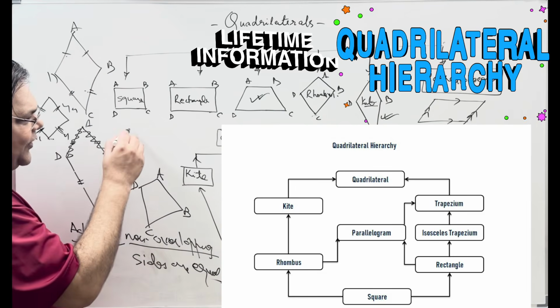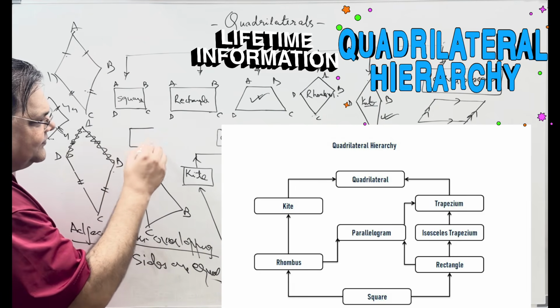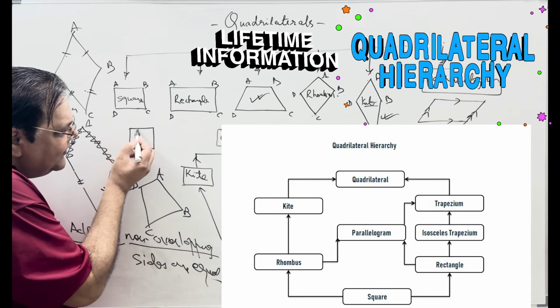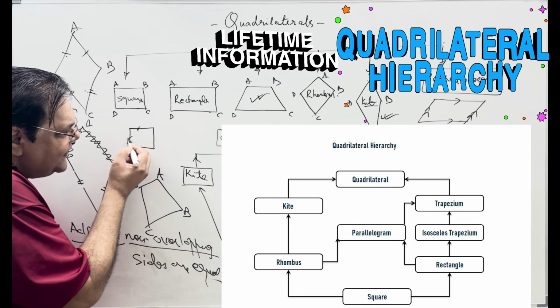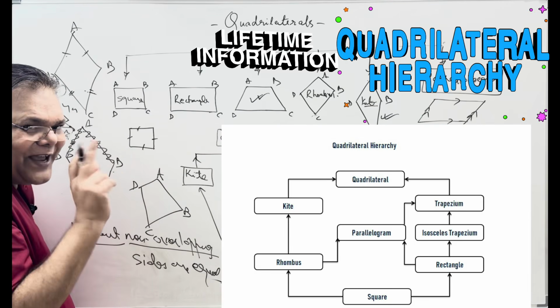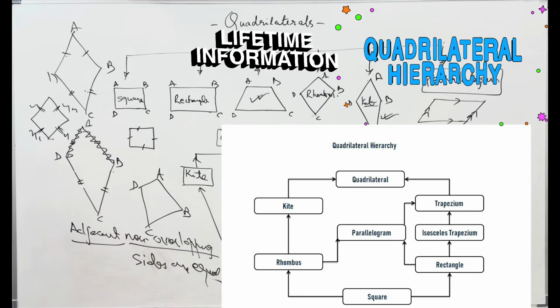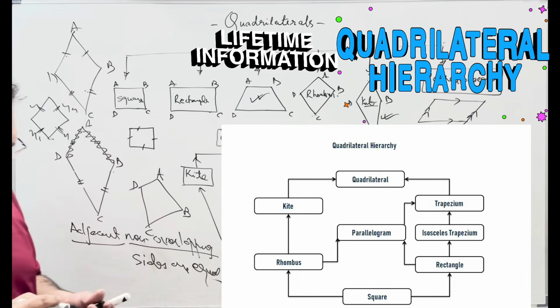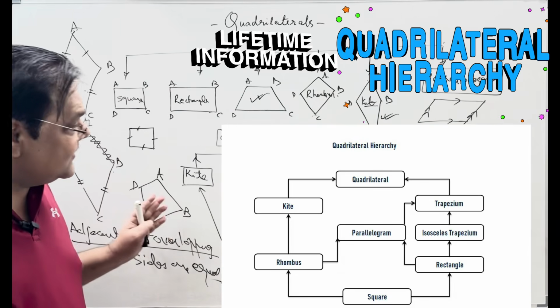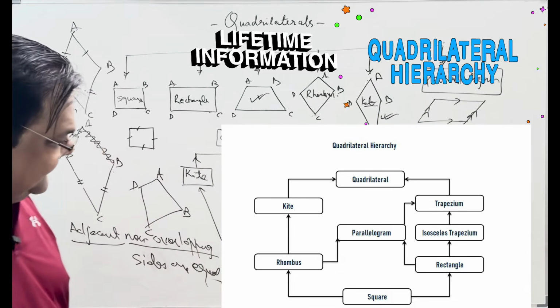When you take a square like this, this side is equal to this side, and the other two sides are also equal, non-overlapping. So a square is a rhombus. A rhombus is a kite. A kite is a quadrilateral.